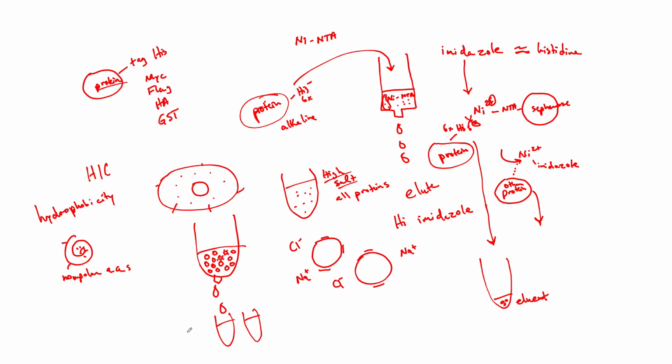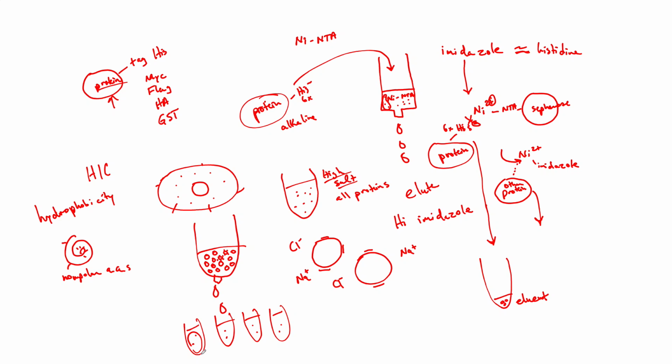And so by the end of your fractionation or your separation of these different proteins, you'll have various tubes, each of which have proteins of different hydrophobicity. And what you're doing is purifying your protein of interest from the other proteins in the cell based on their hydrophobicity. Again, if you have another protein that has the exact same hydrophobicity as your protein of interest, then they may end up in the same tube together.